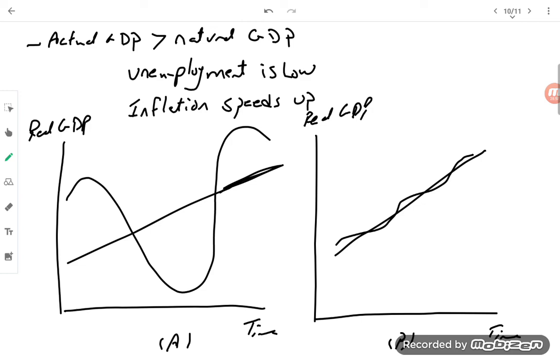So what is the main idea or the main phases of a business cycle? The business cycle has 4 main phases, or actually it's 2 main phases and 2 turning points.